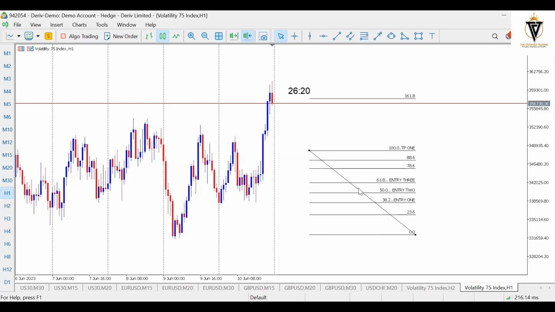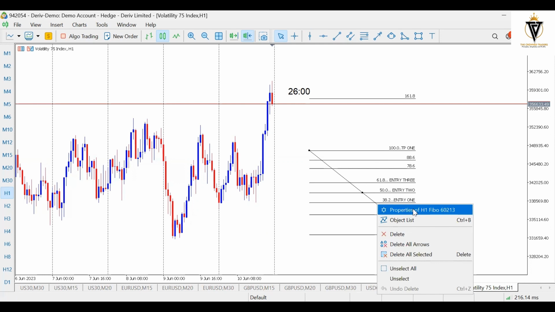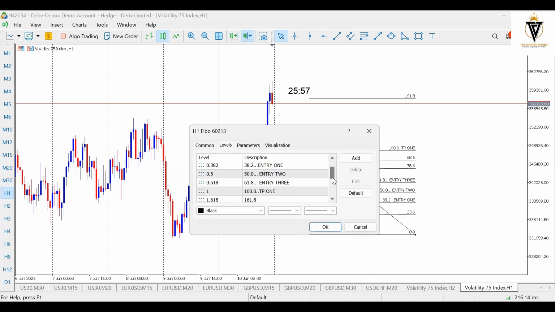Okay. So this is my CP1. I may decide to remove the 38.2 level and just use 50 and 61.8. 50, 61.8, 78.6, and then 88.6. So let's do that for maximum efficiency, or to have an efficient result.